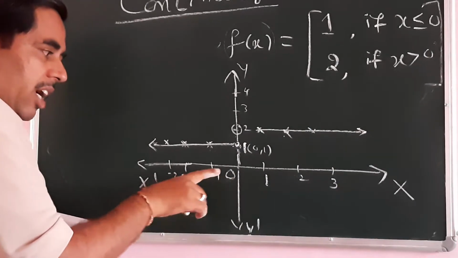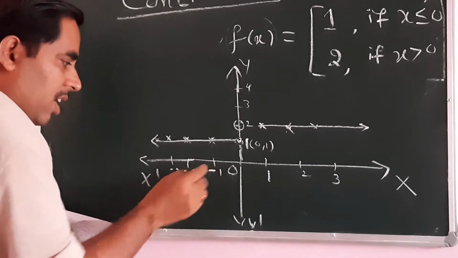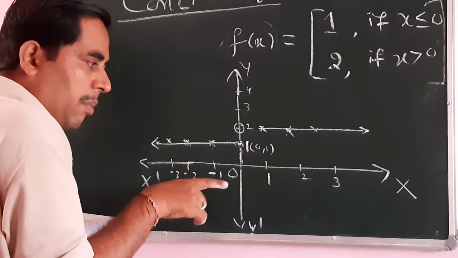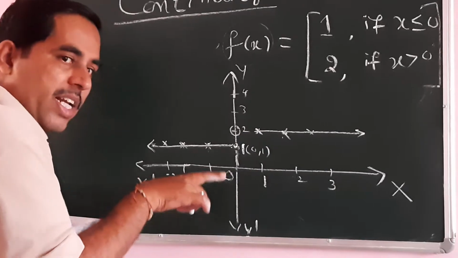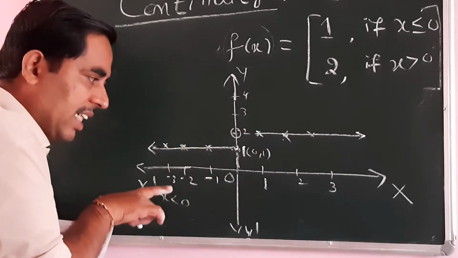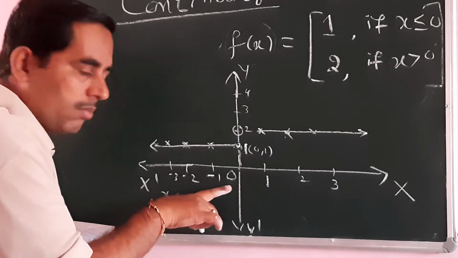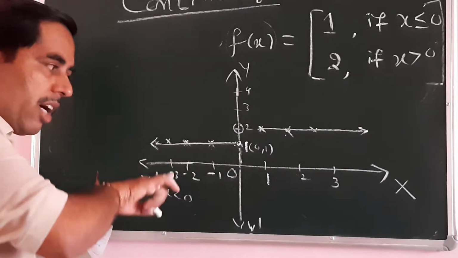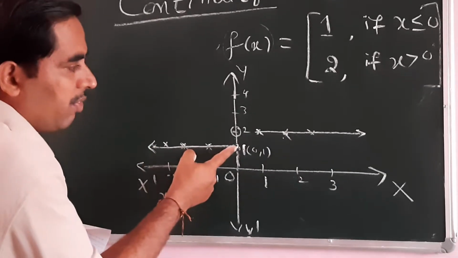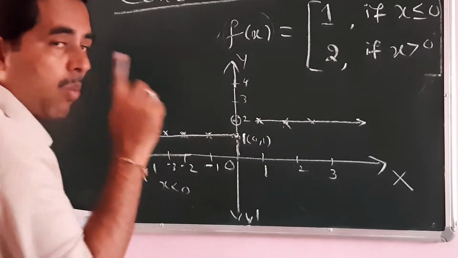To the left side of 0, when x takes the values -2, -1, -0.1, -0.001, that means x tends towards 0 from the left side, the value of the function we are observing here is 1.